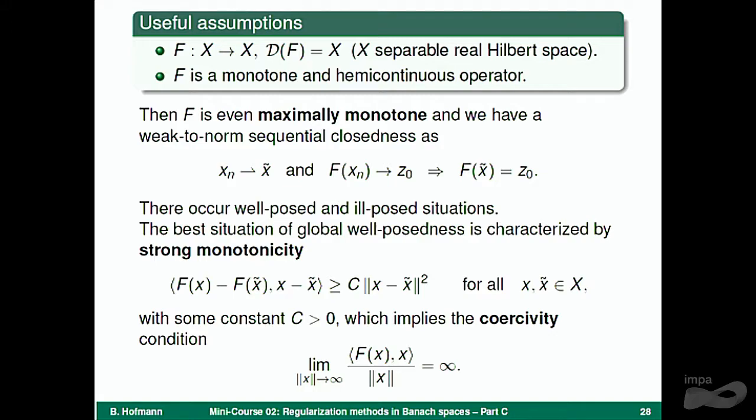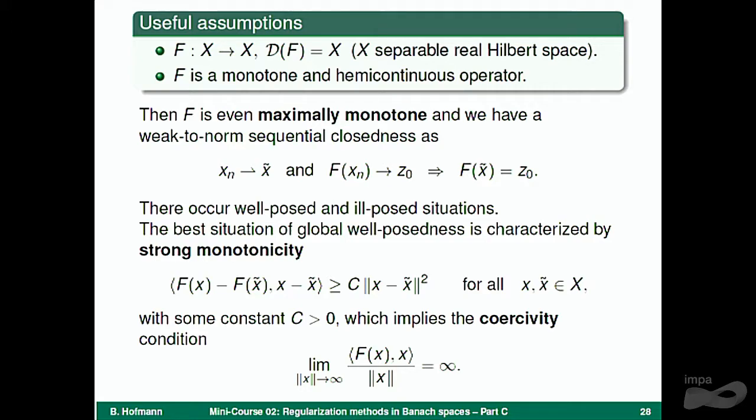Technical assumptions I will not discuss too much here. There is a concept of strong monotonicity. You see, you have here the norm squared in this form. I am in a real, separable Hilbert space here in order to avoid too technical things. And this seems to be nothing but some kind of ill-posedness.